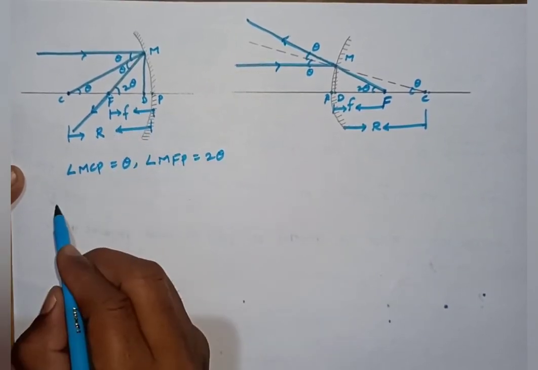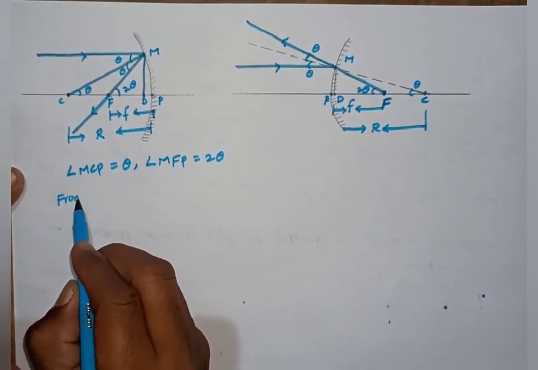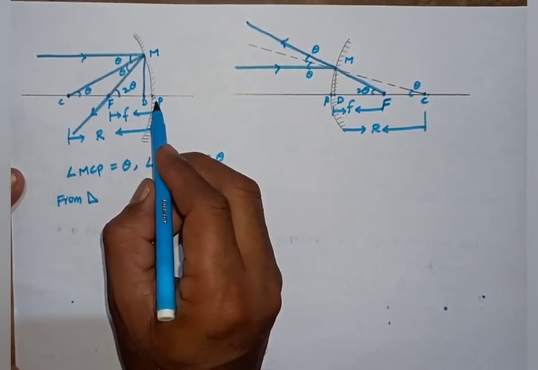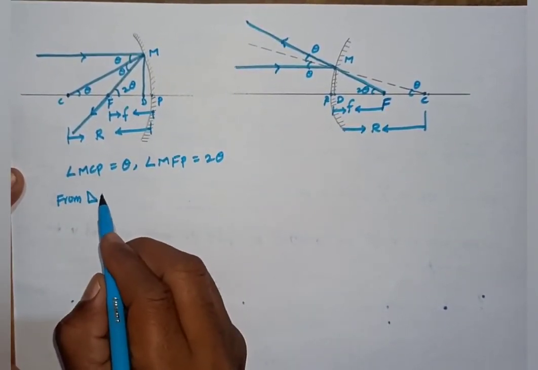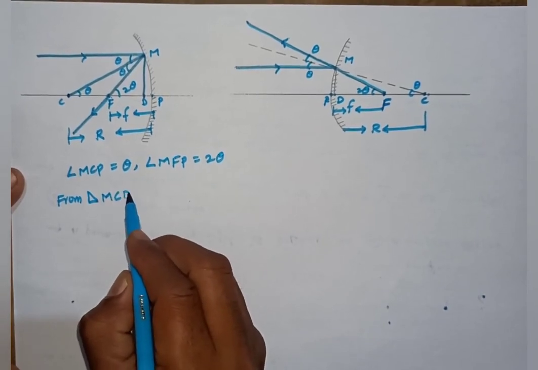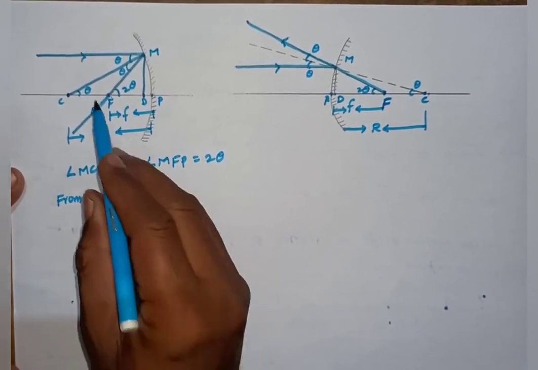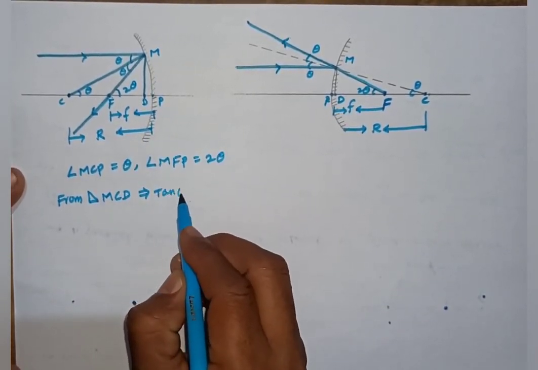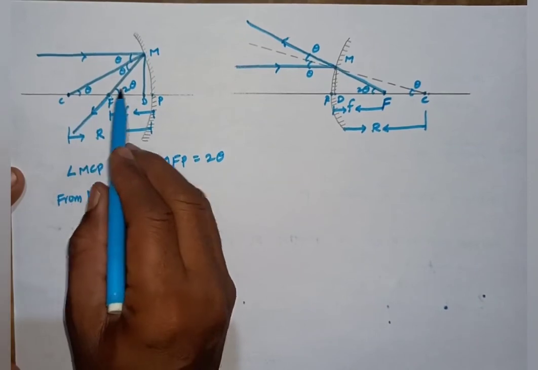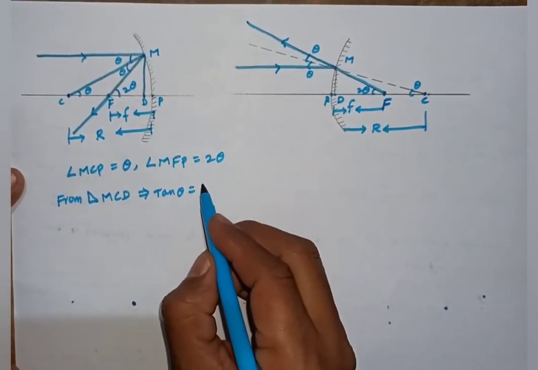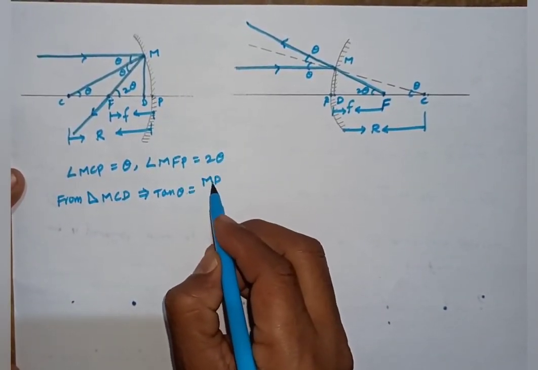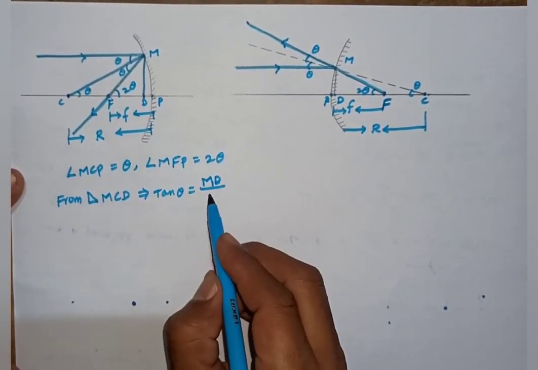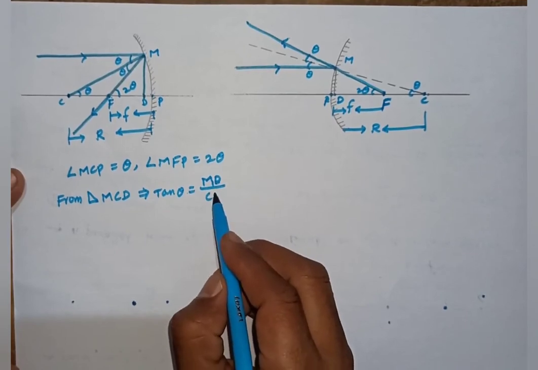Now from triangle MCD, we have tan theta equals MD divided by CP, or CD.